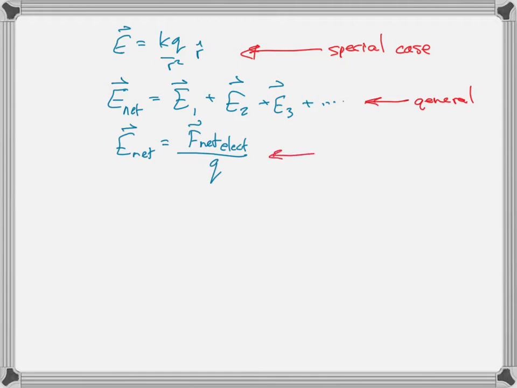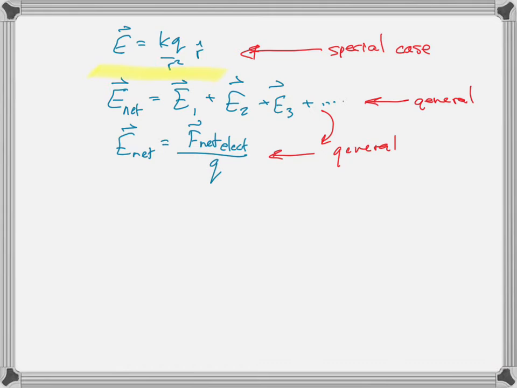And this is really just the same equation. It says that the net field is the net electric force at any point divided by the test charge. These are general equations which apply to any field distribution, any charge distribution, any field. And the first one is a special case of a point charge.